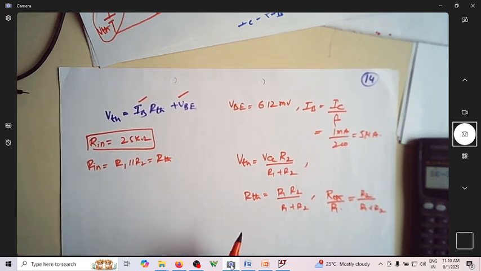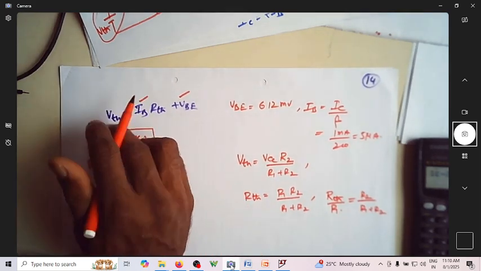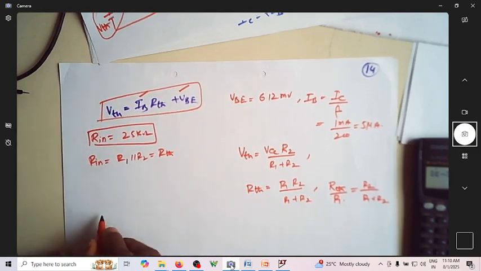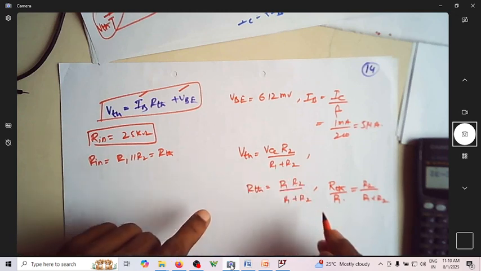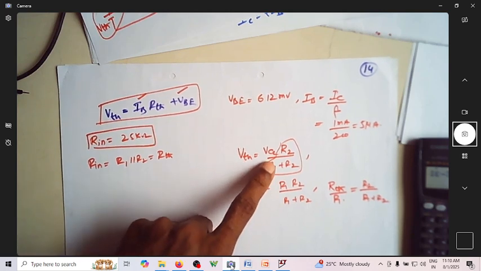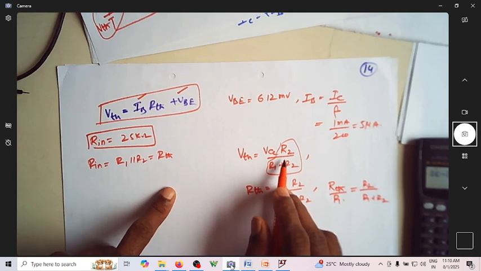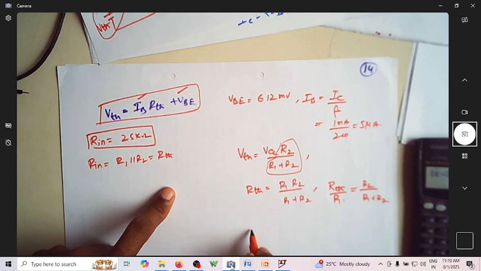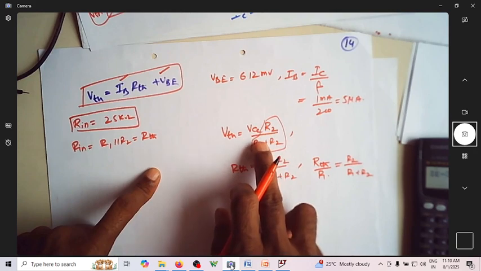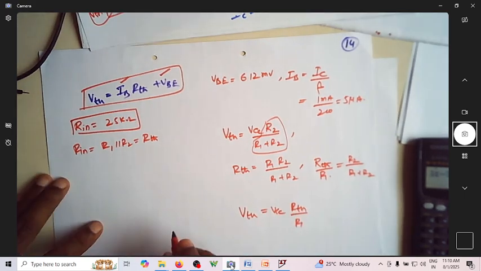Now I will substitute the values into the equation. V Thevenin equals VCC into R2 by R1 plus R2, which is nothing but R Thevenin by R1, correct?